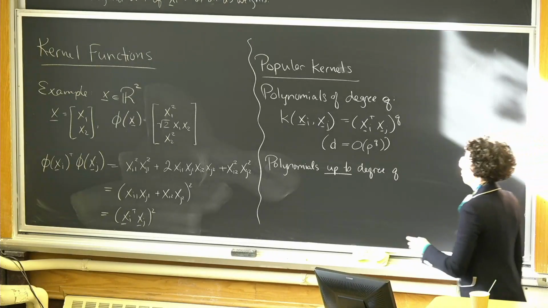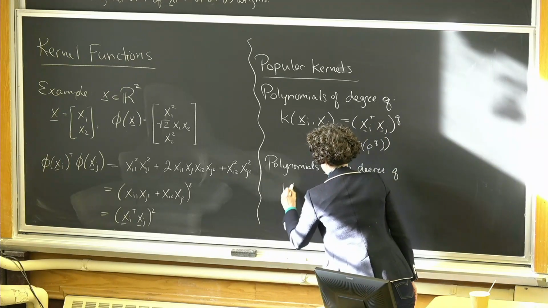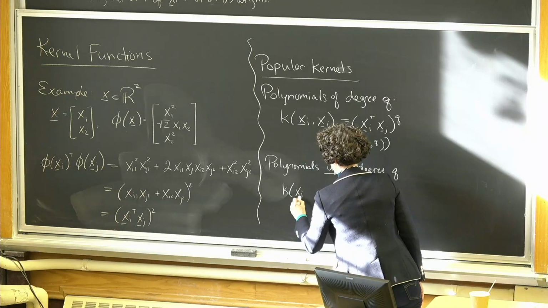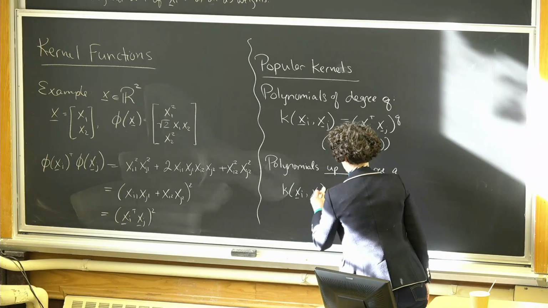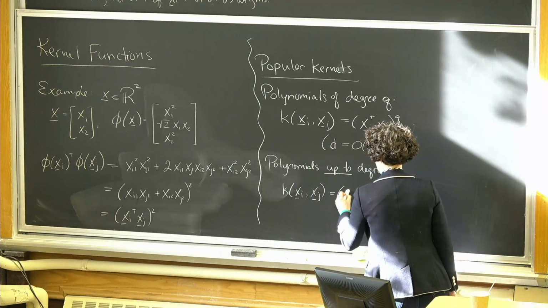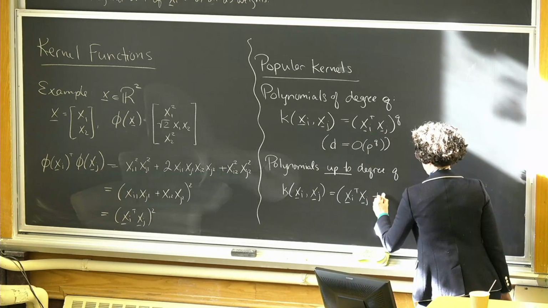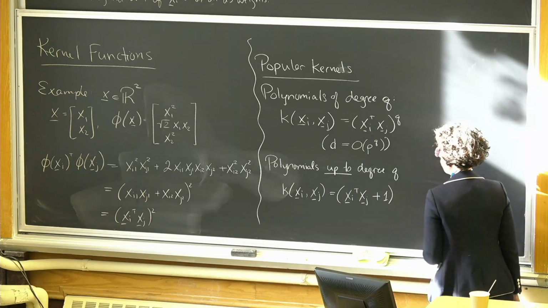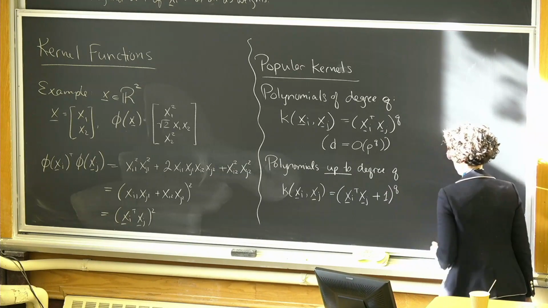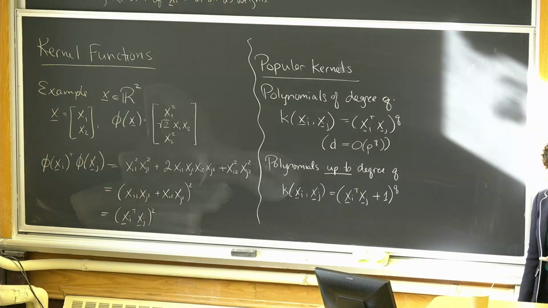So we can alternatively let this kernel function between two vectors xi and xj correspond to taking that inner product xi transpose xj, but before taking it to the qth power, just adding a 1 to it and taking that to the qth power. So very simple change to the kernel function.